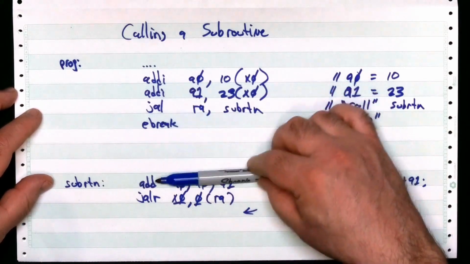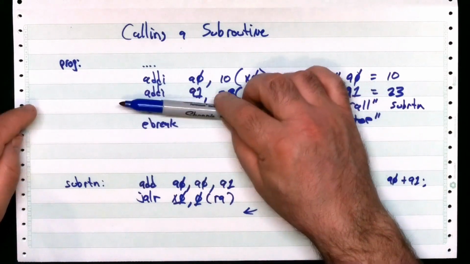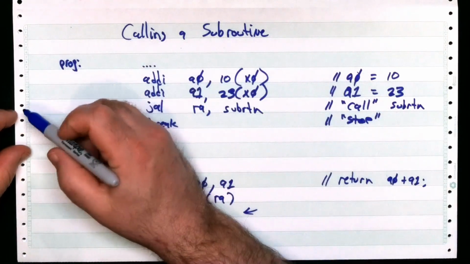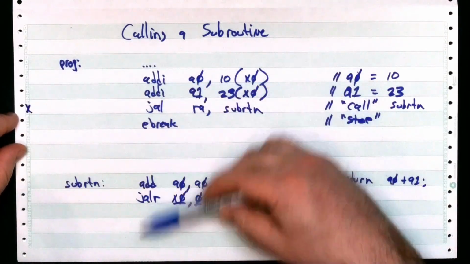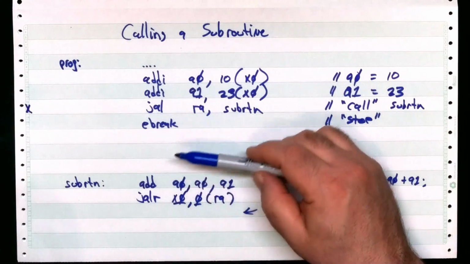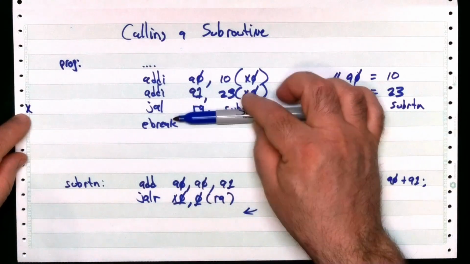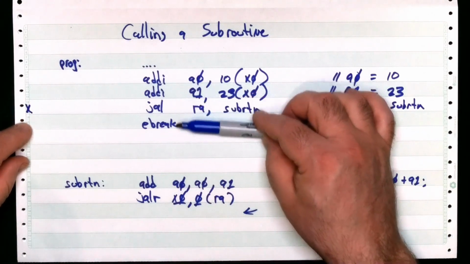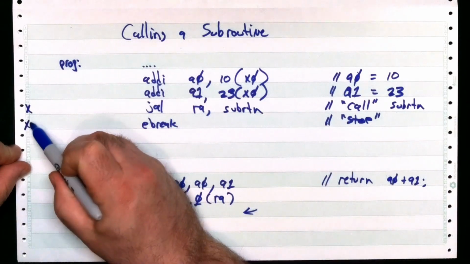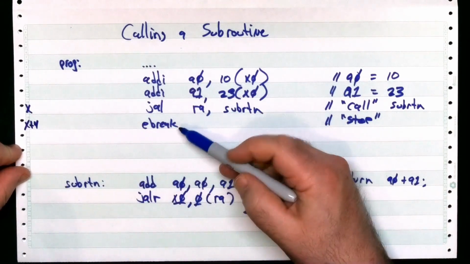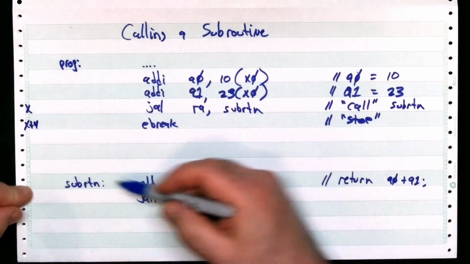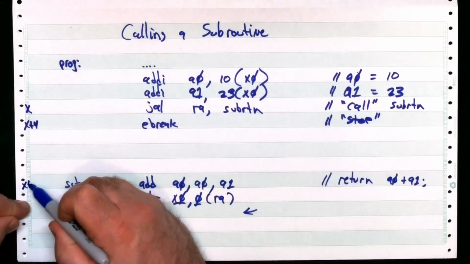Now, as written right here, we know the address of JAL. Let's call that address X. If this is exactly the source code of your program, and JAL is at address X, we know for a fact that e-break is at X plus 4. And if nothing else is in here, we know this must be at X plus 8.